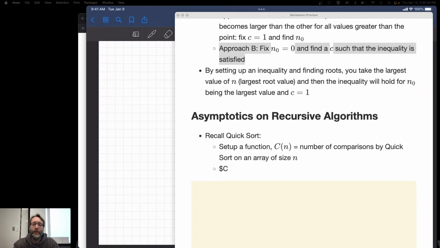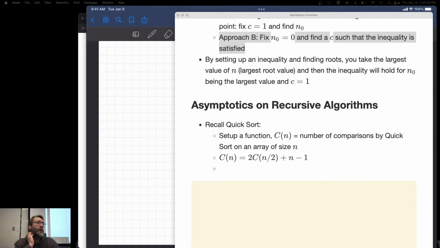C sub n was equal to 2 c sub n divided by 2 plus n minus 1. Remind me where those came from. Where did n minus 1 comparisons come from? That was coming from the partition method: comparisons to partition the array into two roughly equal subarrays.